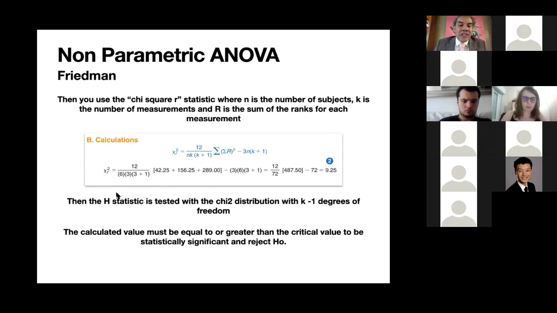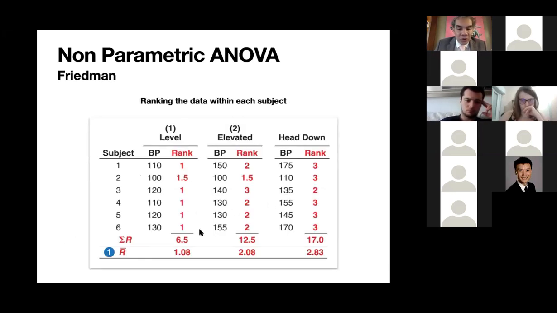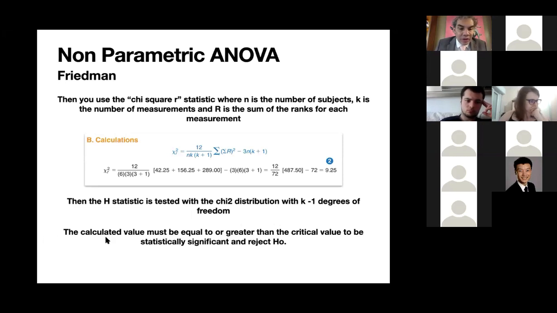This is not H, it's chi-square R. Then this chi-square R statistic is tested with the chi-square distribution with k minus 1 degrees of freedom. Here there will be 3 groups, so it will be 2 degrees of freedom. The calculated value must be equal to or greater than the critical value to be statistically significant and reject the null hypothesis. That was non-parametric ANOVA.